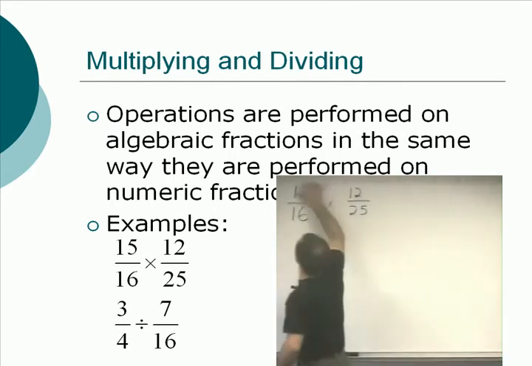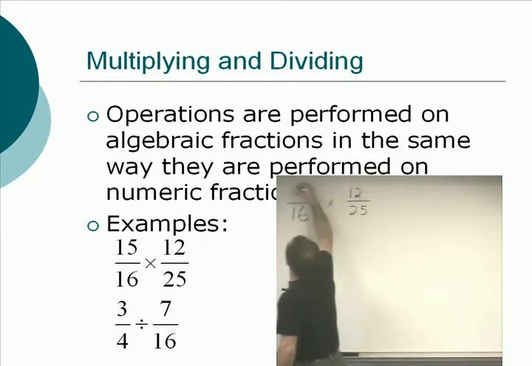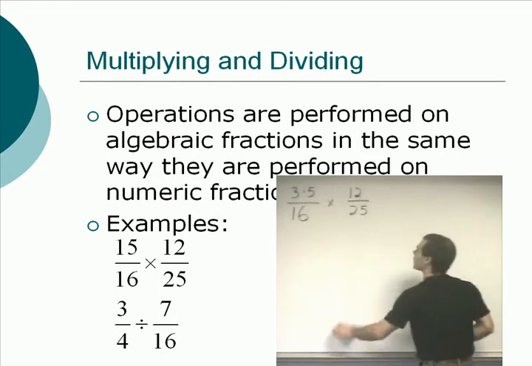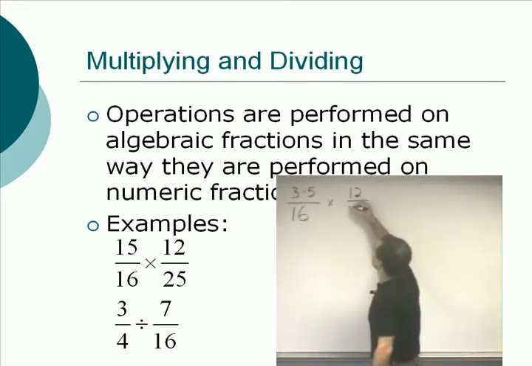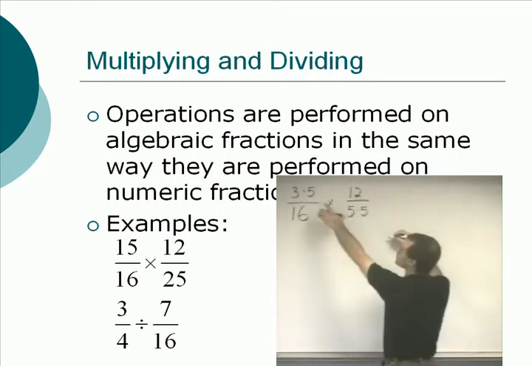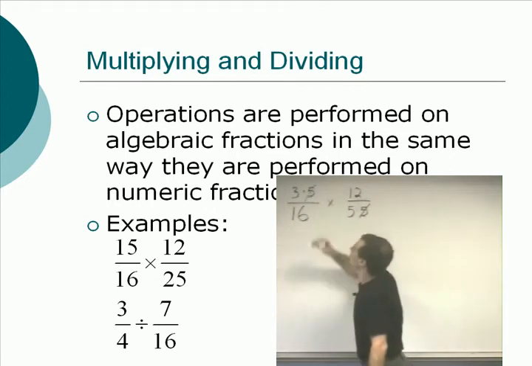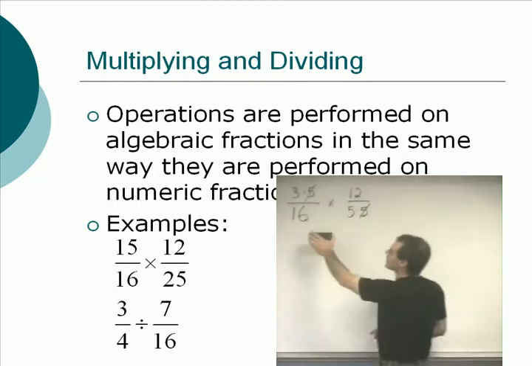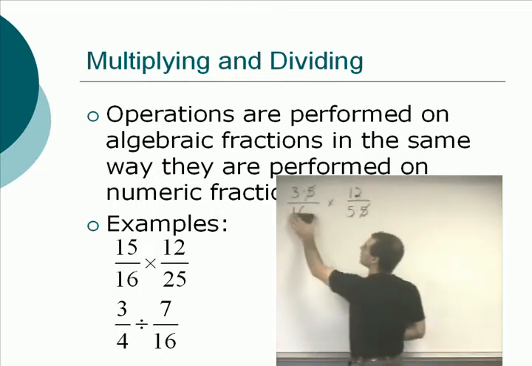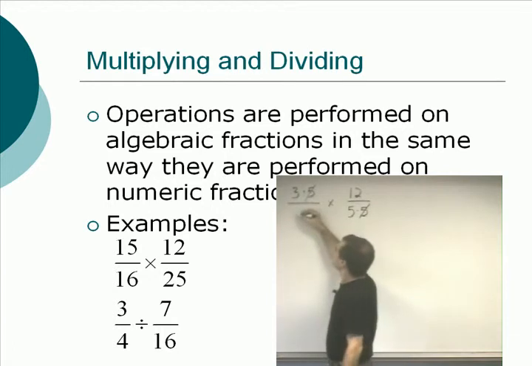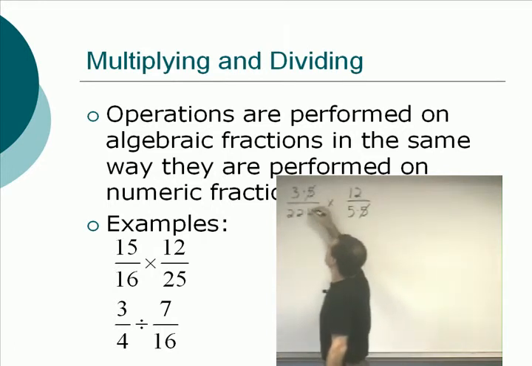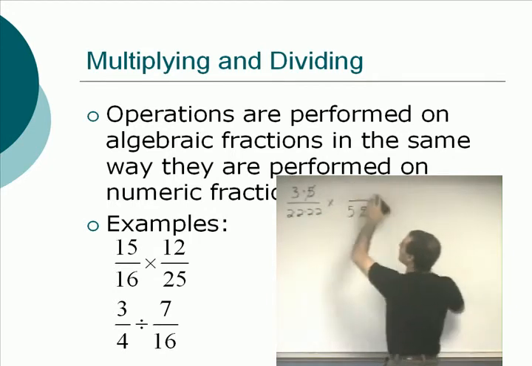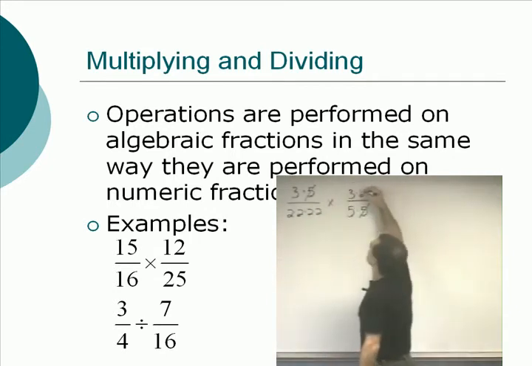This 15 is really equal to 3 times 5, right? And that 25 is really equal to 5 times 5. Since we have a 5 in the numerator and the denominator, we can cancel out one of those 5s, okay? The 16 and 12. 16 is really equal to 2 times 2 times 2 times 2, or 4 times 4, and the 12 is really equal to 3 times 2 times 2.